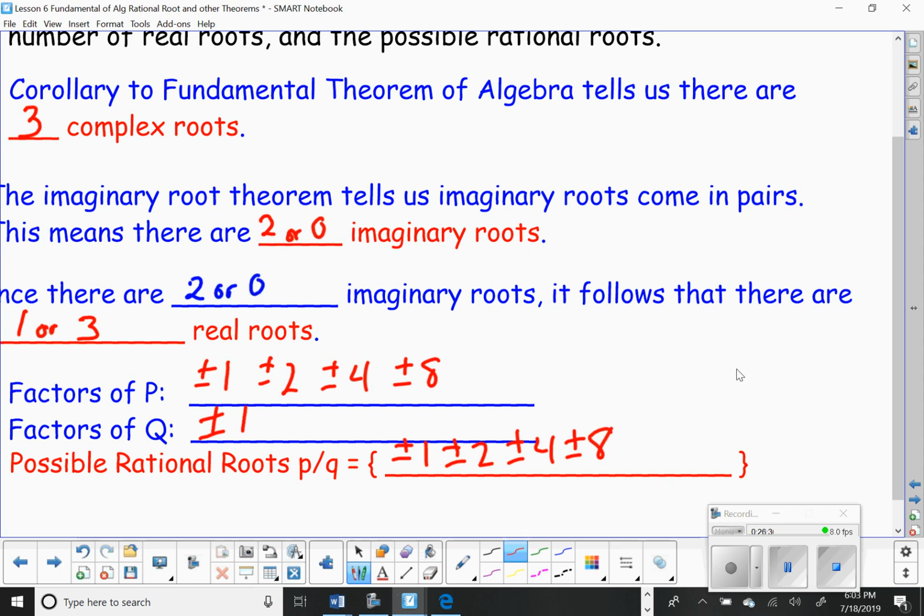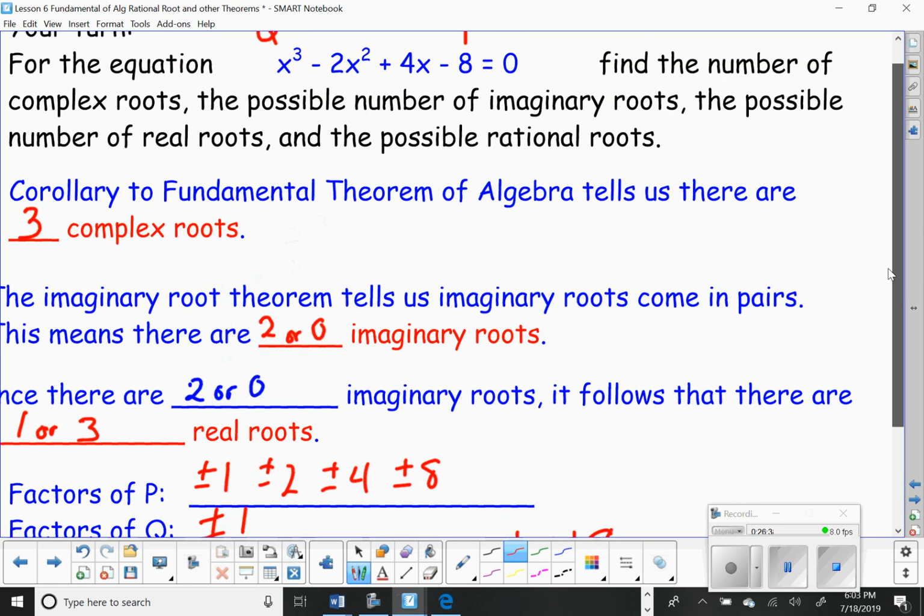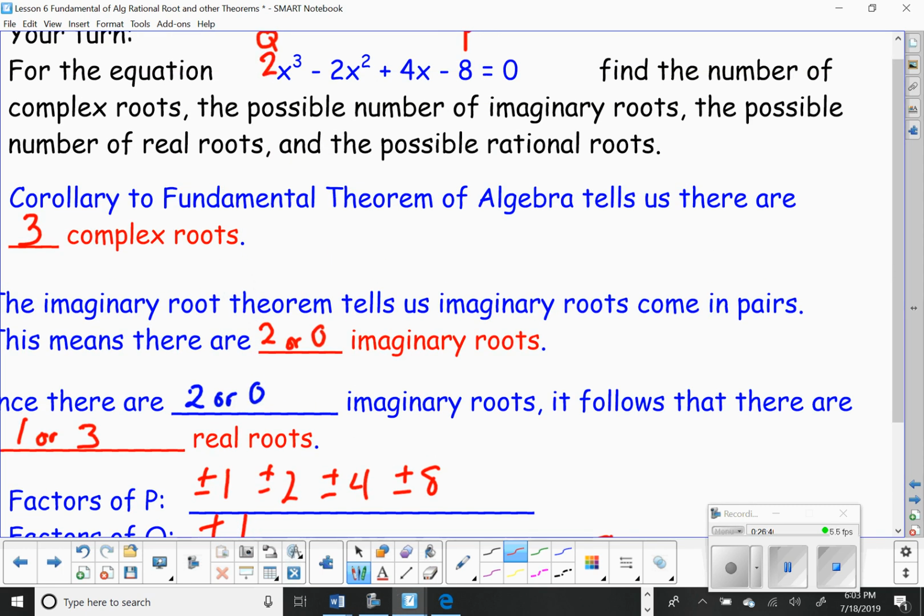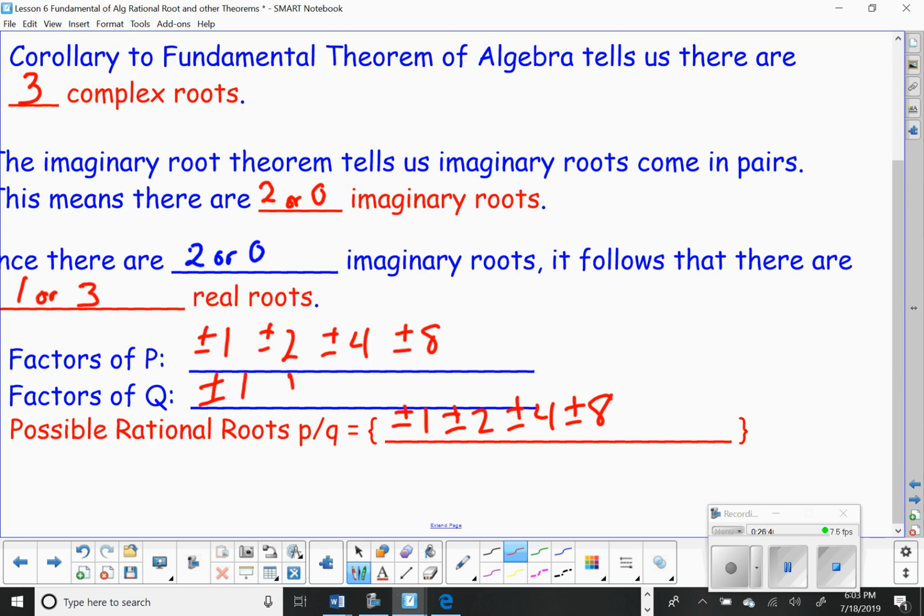Okay, so in other words, let's pretend like this was a 2. Then in that case, you'd have plus or minus 2. So when you went through all of this, you would have 1 over 1 is plus or minus 1. Then you'd have 2 over 1 is plus or minus 2, plus or minus 4, plus or minus 8.